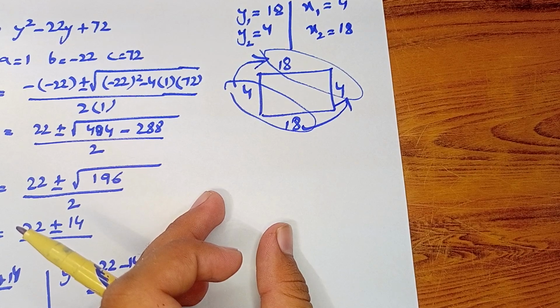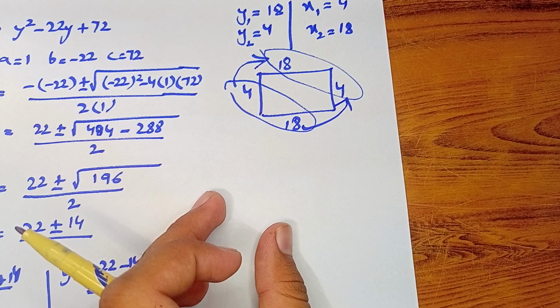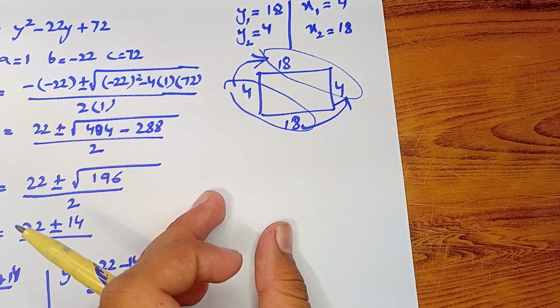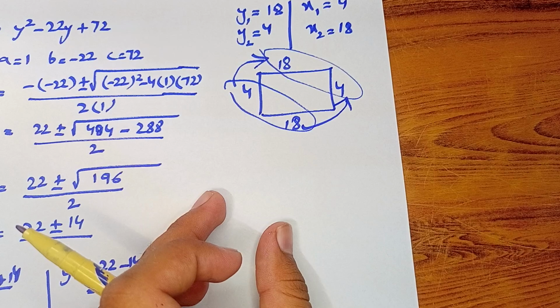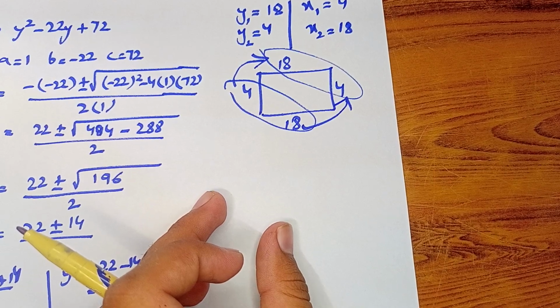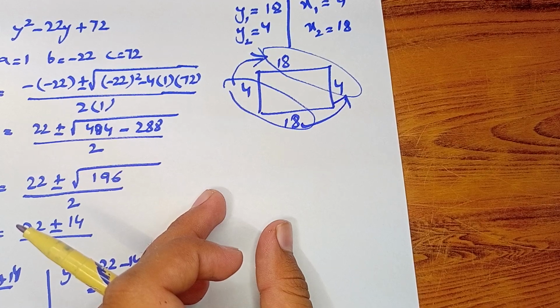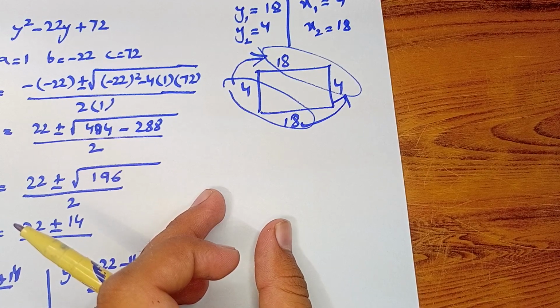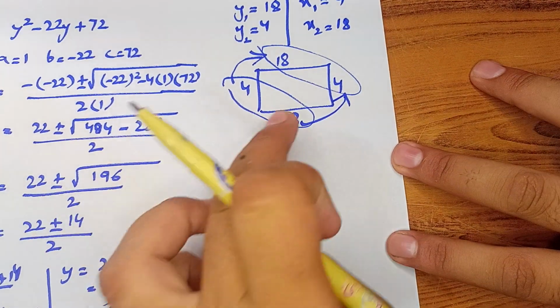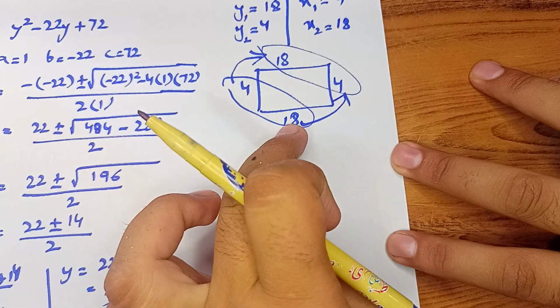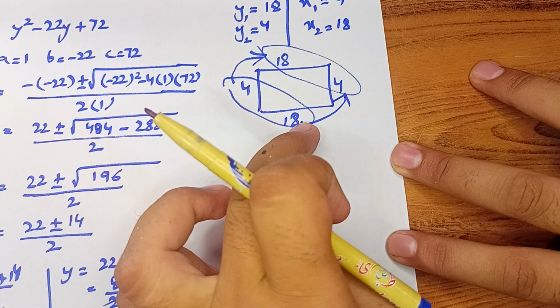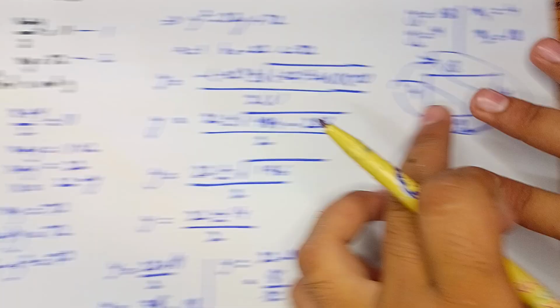The average of the two side lengths must be 11 meters, which is (x plus y) divided by 2 equal to 11, and the area of the slab must be 72 square meters, which is xy equal to 72. So one side is 18 and the other side is 4, and according to this dimension we satisfy our equations.